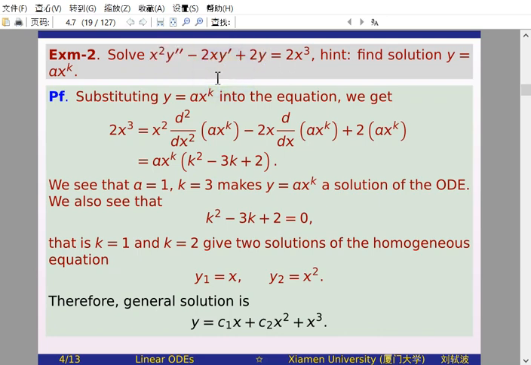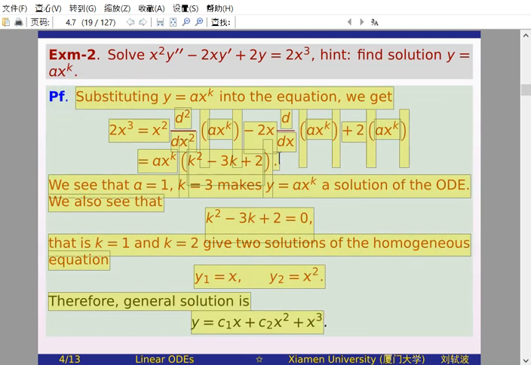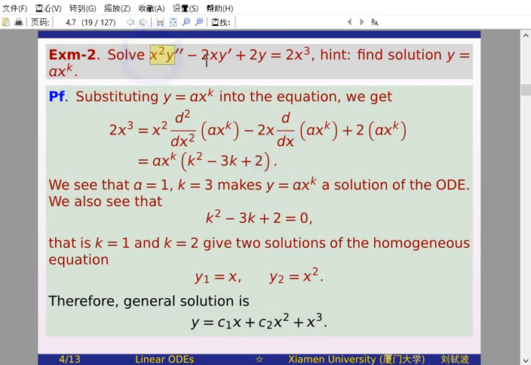Okay, and I also want to remind you that in addition to the method presented here, we also have another method to solve this equation. This equation is x squared minus y double prime plus something x multiply y prime plus a constant y.